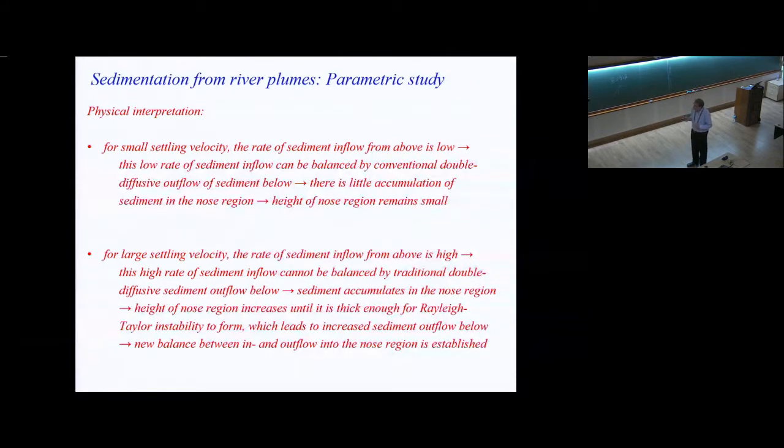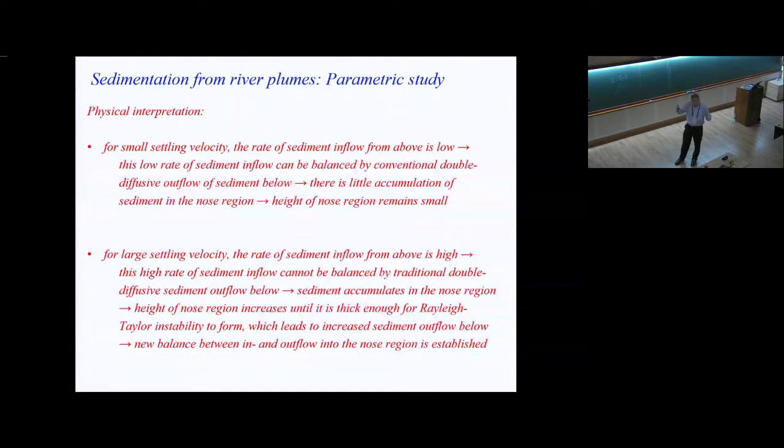Whereas if we have a larger settling velocity, so larger particles, then particles settle more rapidly from above, and so they enter the nose region more rapidly. And because this inflow of particles into the nose region now is more rapid, double diffusion is not strong enough to get rid of these particles down below from the nose region. As a result, particles accumulate in the nose region, and the nose region grows in thickness, and it grows until it is thick enough so that a Rayleigh-Taylor instability can set in.